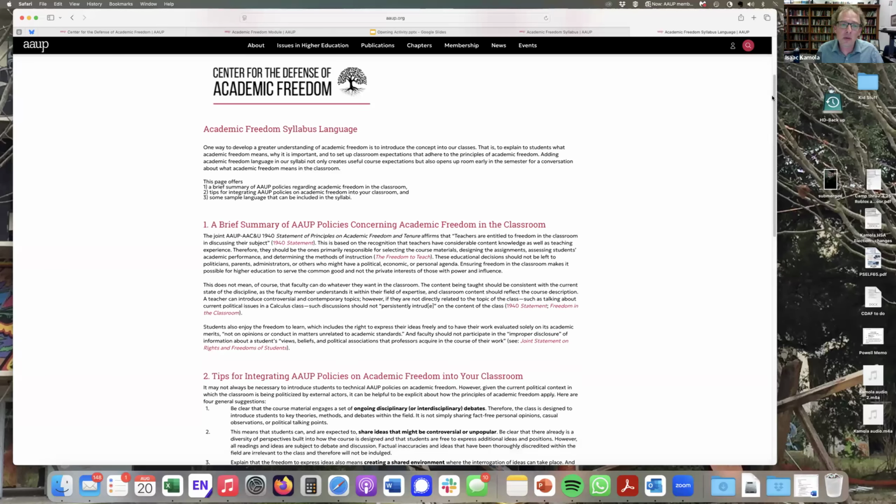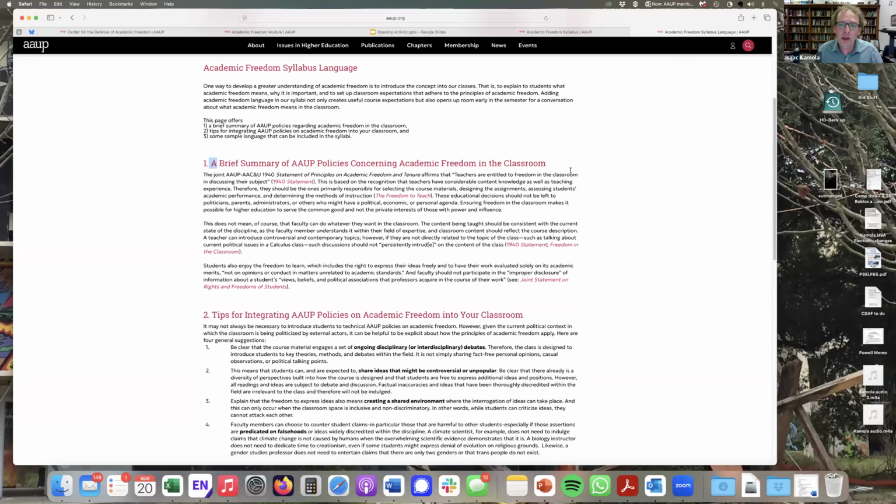So there's one section here, which is basically that summary. It's a brief summary of AAUP policies. There are a lot of very clear, well thought out, incredibly persuasive policies and statements around what academic freedom means in the classroom that the AAUP has developed over a century's worth of work.